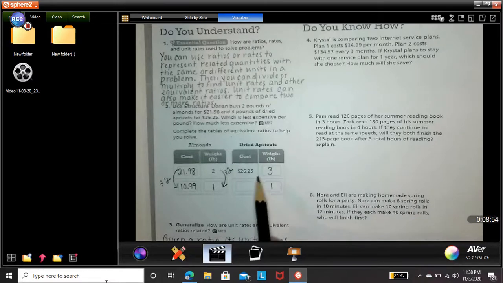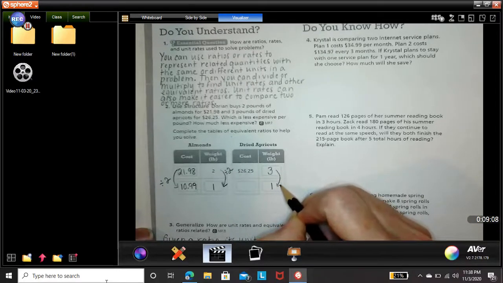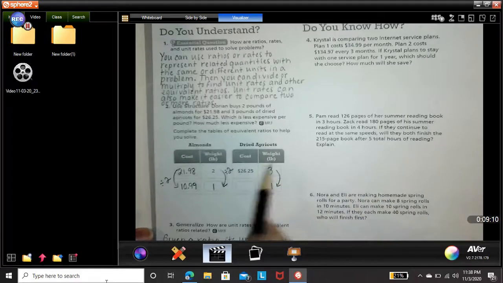Again, we're going to look to this right-hand side of the table since we have both numbers filled in. We're going to identify the operation and the number we're using to go from a 3 to a 1. Since we're comparing two different things, we know it has to be multiplication or division.